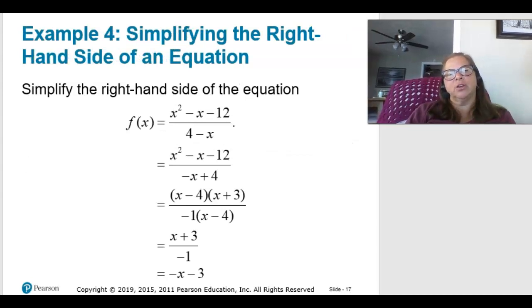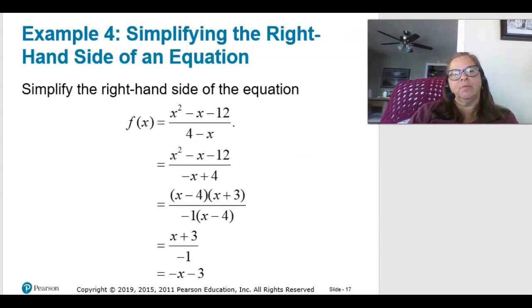So let's take a look at the function x squared minus x minus 12, all divided by 4 minus x. Now, what number would x be in order to make the denominator 0? We're going to need to know that for the domain in a minute. Looking at the numerator, x squared minus x minus 12, we think what two numbers multiply together to give a negative 12?